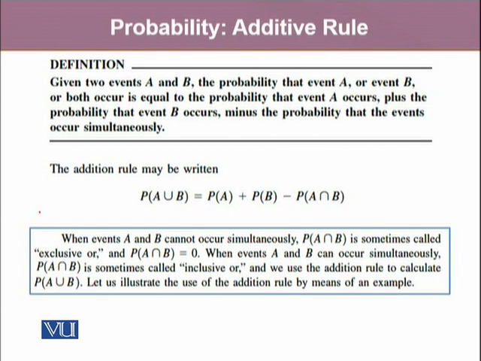If the events are mutually exclusive, the probability of A intersection B equals 0. If they are not mutually exclusive events, then this general form prevails.